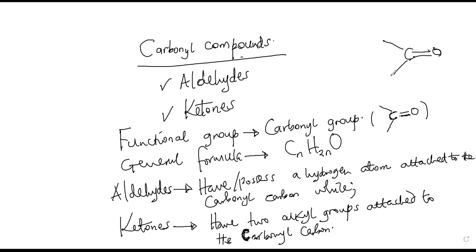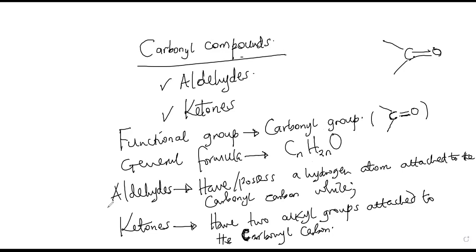Then another thing we need to note is that carbonyl compounds can be aldehydes and ketones, but they have the general formula CnH2nO. What you need to know about organic compounds that are in the same homologous series is that they have the same general formula. In this case, where you find aldehydes and ketones in the same class, the carbonyl compounds, they take on the same general formula.